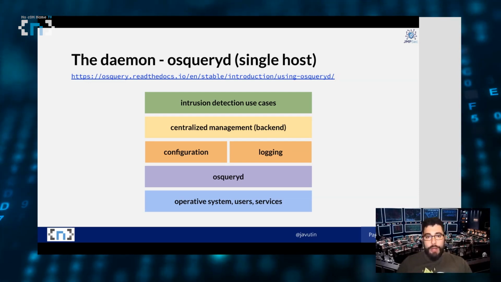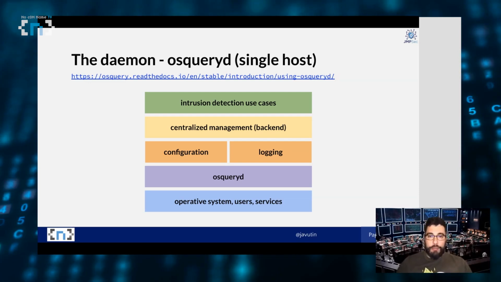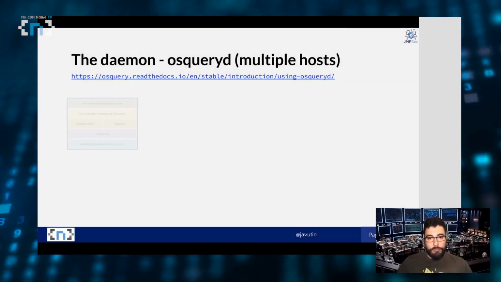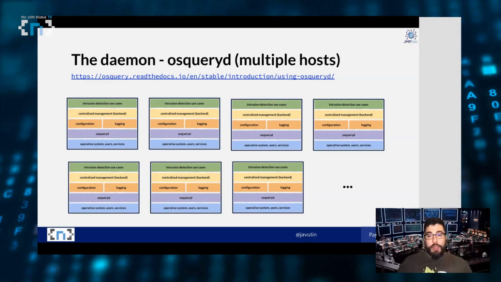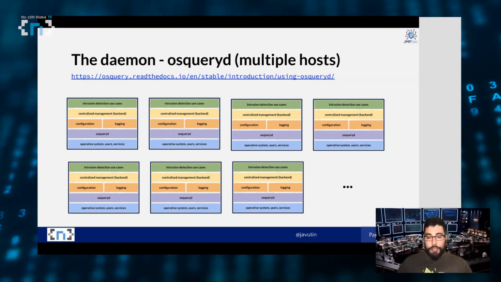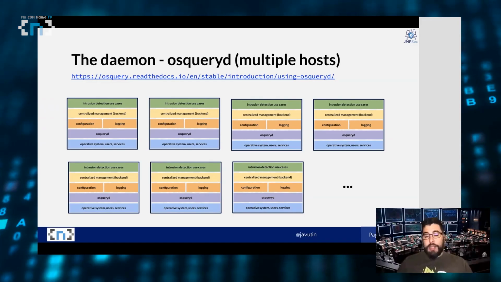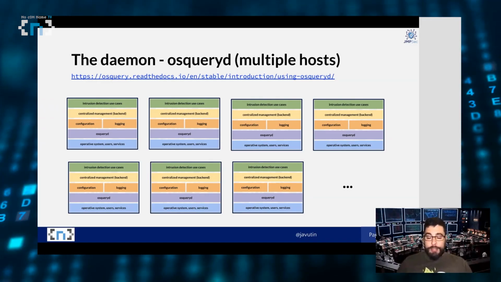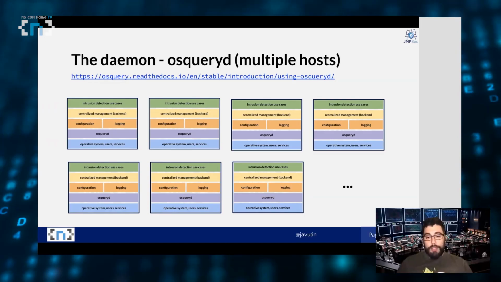But what happens when we run osquery for a number of hosts? We have a number of machines running this, and you'll have pretty much the same thing, but for multiple hosts. So the same operating system that osquery sits on top of receives a configuration and generates logs, and then those logs are collected, and the intrusion detection use cases sit on top of that.